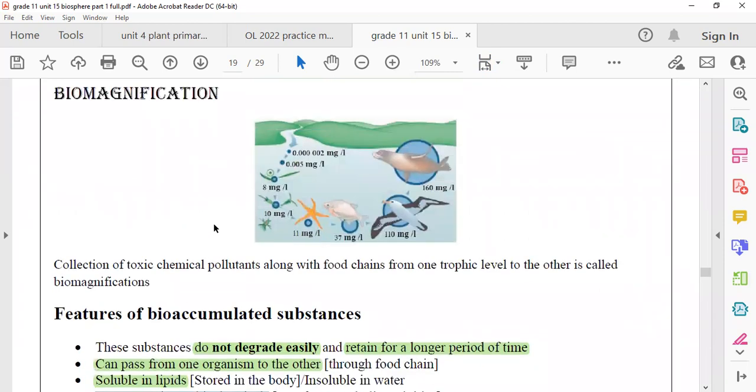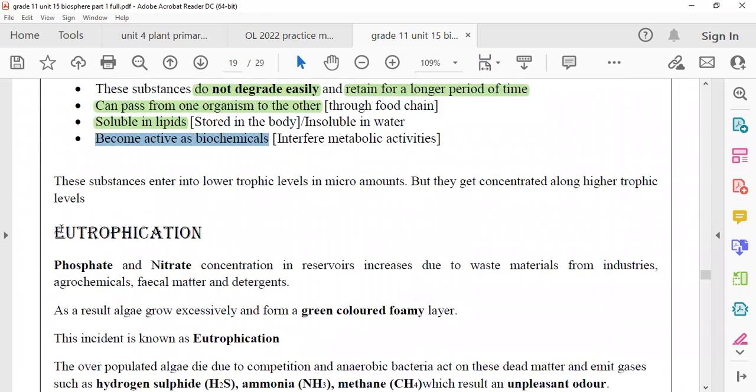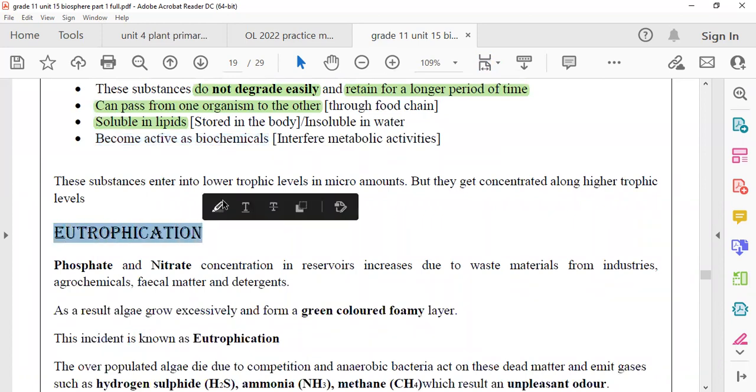This is your part of notes, and this is another part of the notes. So following that, you come to a heading called eutrophication. Okay, eutrophication occurs in an environment that is generally an aquatic environment.